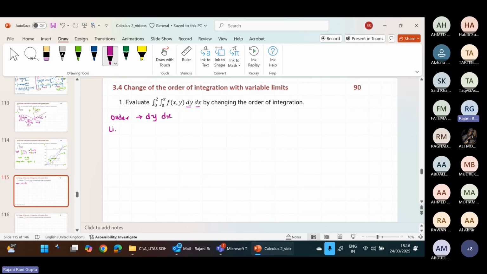And the limits. Can anyone tell me what are the limits for x and what are the limits for y? As x is varying from which number to which number? You can even type in the chat.